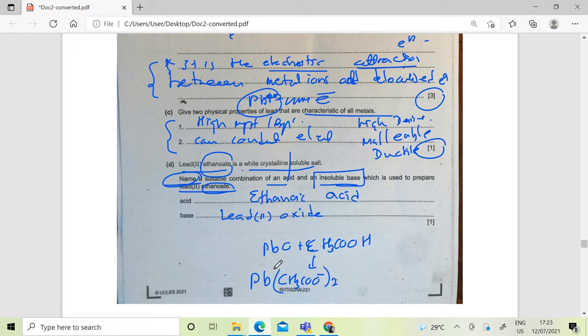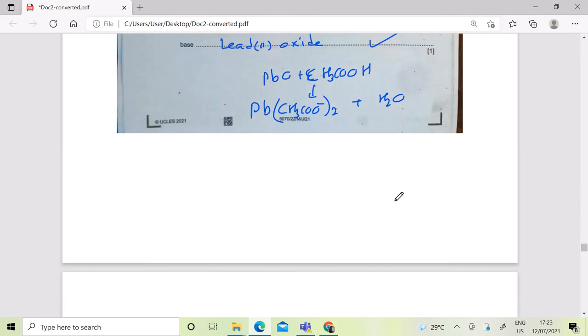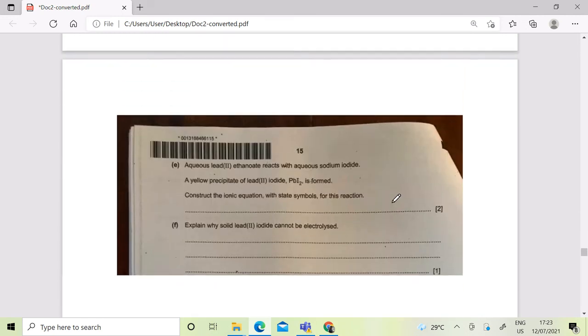This is plus 2, plus H2O. So you will get lead(II) ethanoate, white crystalline soluble salt from ethanoic acid and lead(II) oxide. Right. Moving to the other part, part E.